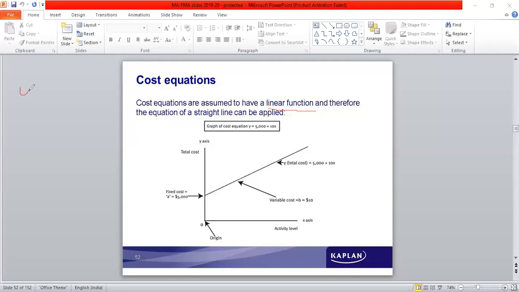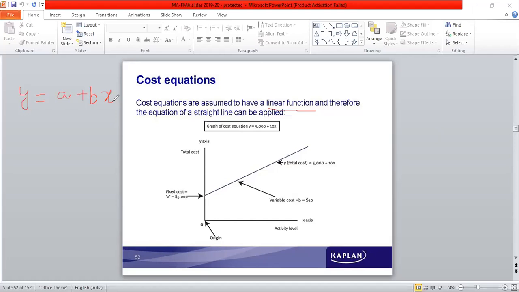So it is a linear function, which can be presented with an equation called y is equal to a plus bx, wherein a and b are two constants. x is an independent variable, and y is dependent on x. Unless x is known, y cannot be known.